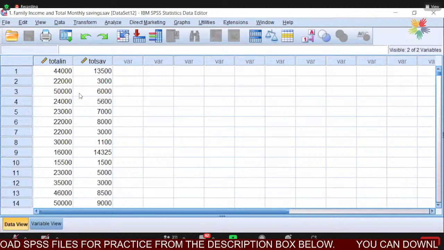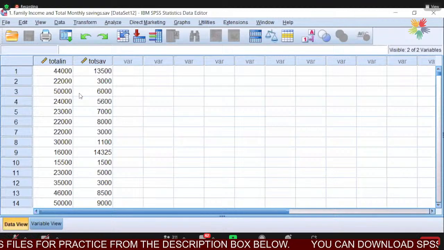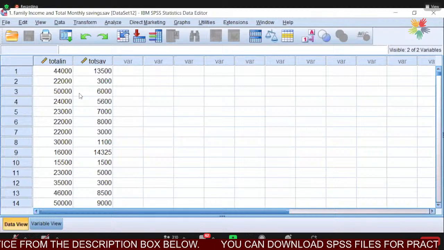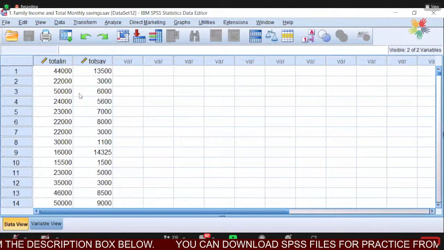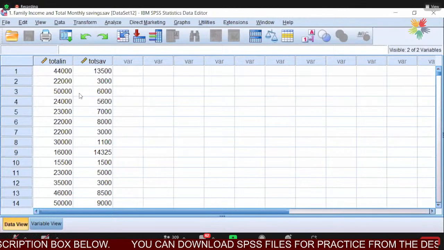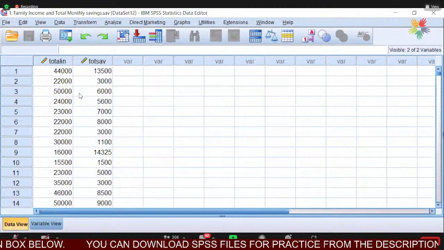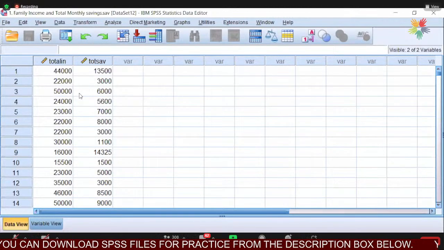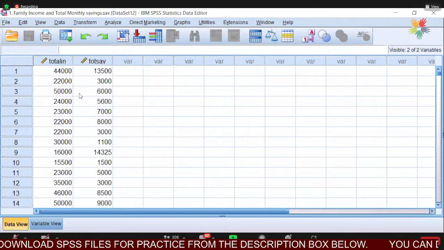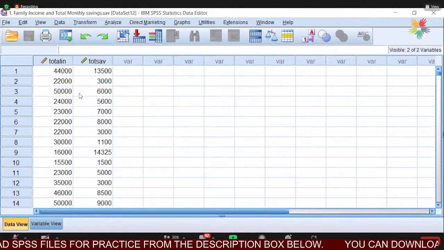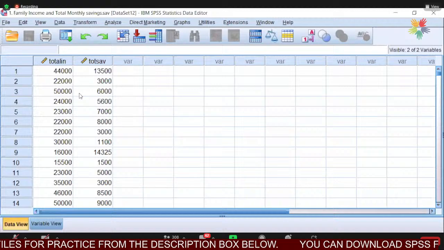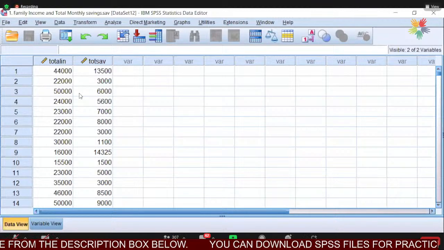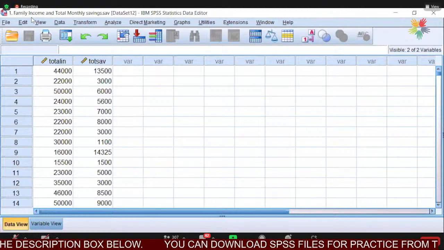Whenever two variables are metric, I can perform correlation. I can compare means also, but that is not necessary. These are two entirely different variables, total savings and total income, so there is no use in comparing them, but they are related. For ad rating 1 and ad rating 2, we can compare the means. Here you can perform a paired test and it will give a result, but there is no logic in it.